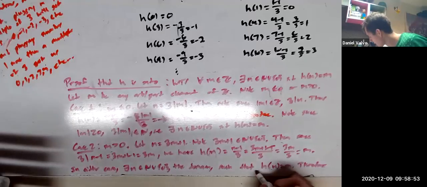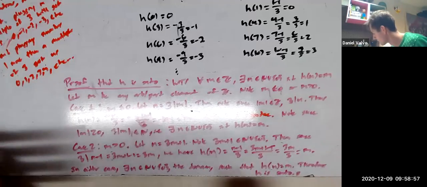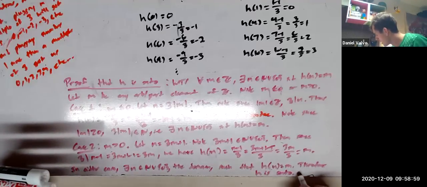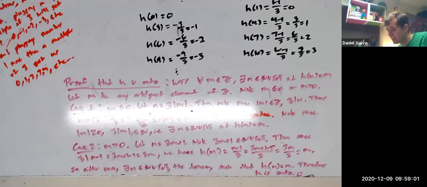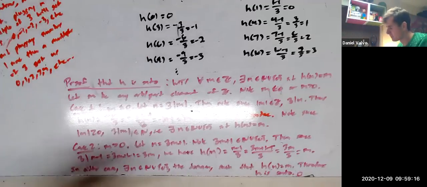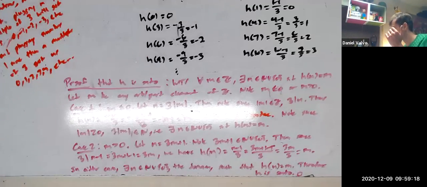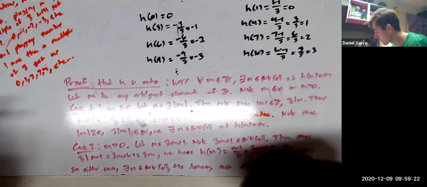Therefore, h is onto. So the point is, this is complicated, but it's exactly the same as every other onto proof. All we have to do is go through and show that for any single m you pick in the codomain, I can find an n in the domain that when I plug into h will hit that m. And then we're done.